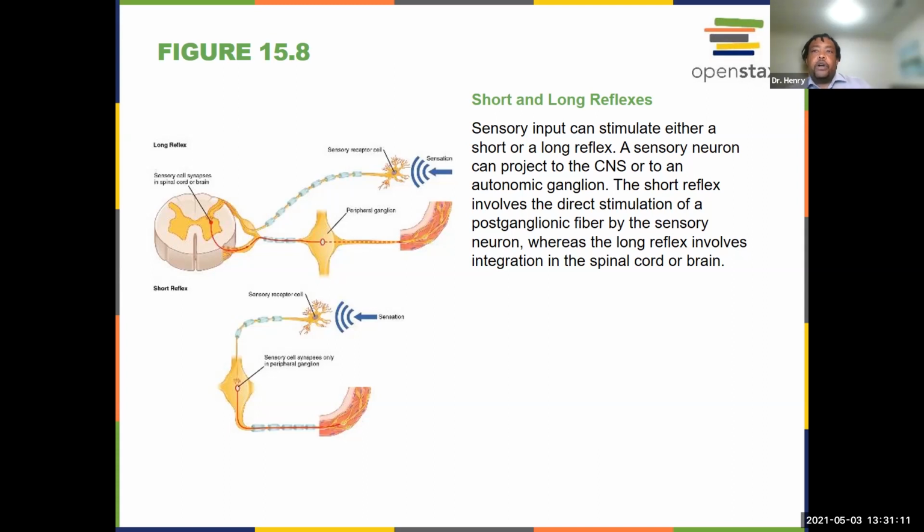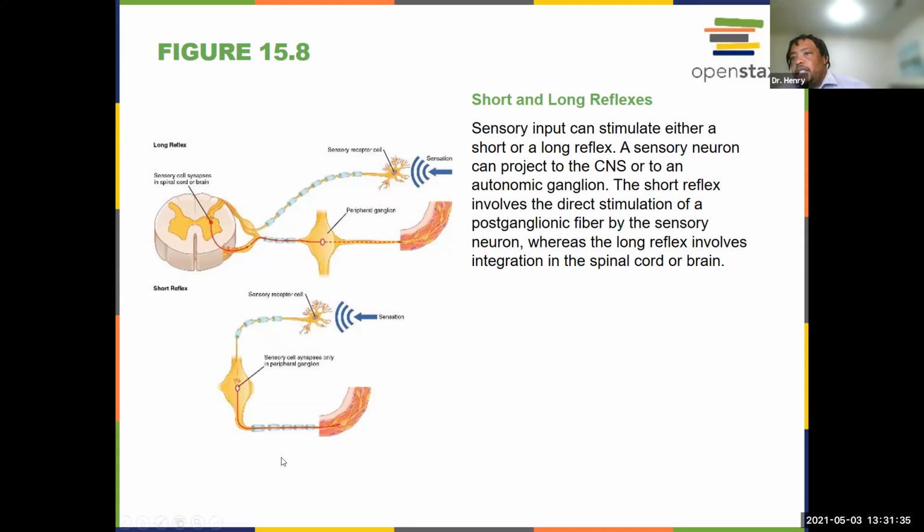So in the case of the short reflex, we get the sensation, and instead of going all the way to the central nervous system or the spinal cord, it just goes to that peripheral ganglion. And there, it'll send the reflex, the response.